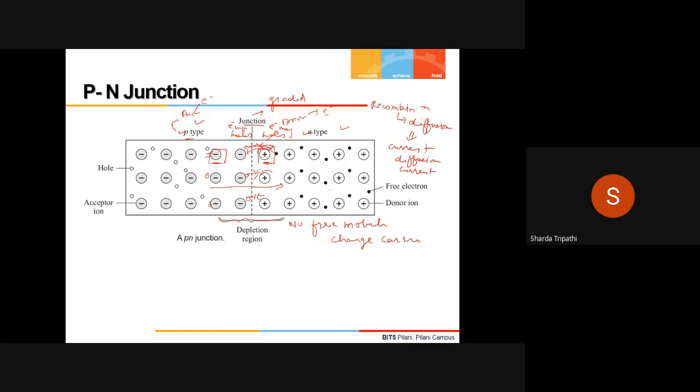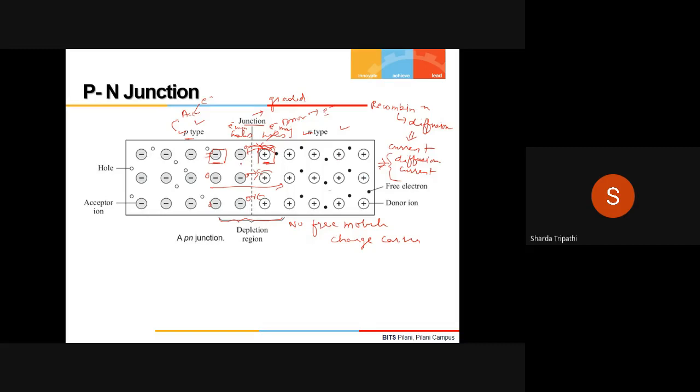That is, at the junction, because of the concentration gradient, you will have the movement of holes towards the N type and movement of electrons towards this side, P type, and this net effect results in the flow of diffusion current.